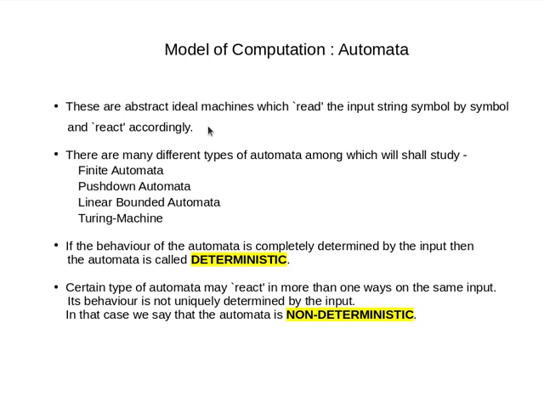There are many different kinds of automata, and we will put most emphasis on finite automata, and later we will see pushdown automata, and then finally Turing machine. Linear bounded automata is not that important. The main important ones are finite, pushdown and Turing machine.